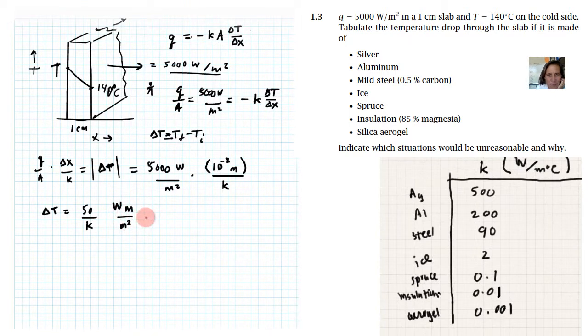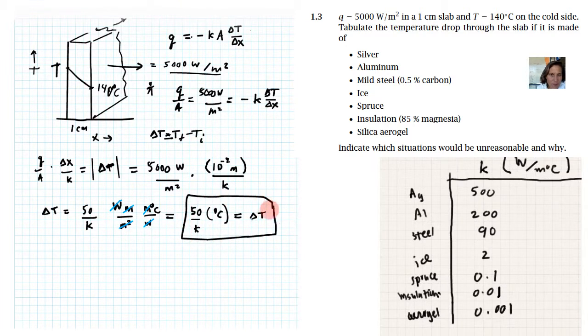And we know that K is expressed in watts per meter degree C. Let's look at our units now. Meters times meters gets rid of the meter squared, and the watts drop out. So we've got 50 over K degrees C. That's the delta temperature through the wall, if this is steady state conduction through this wall.